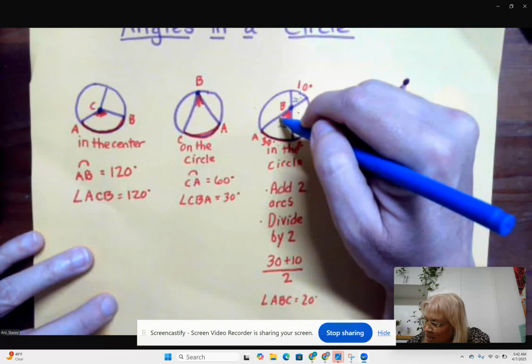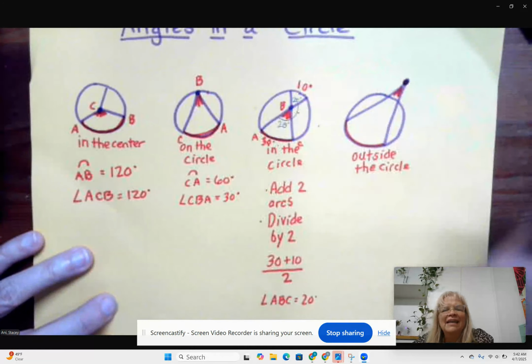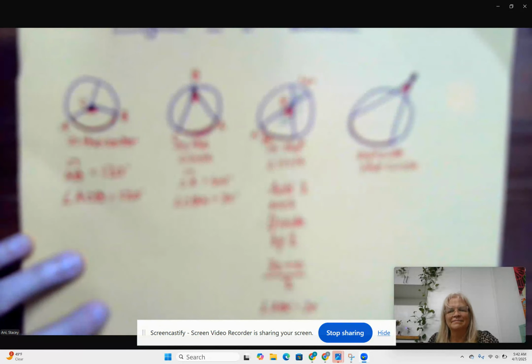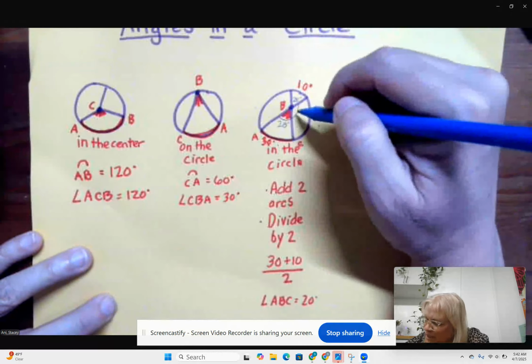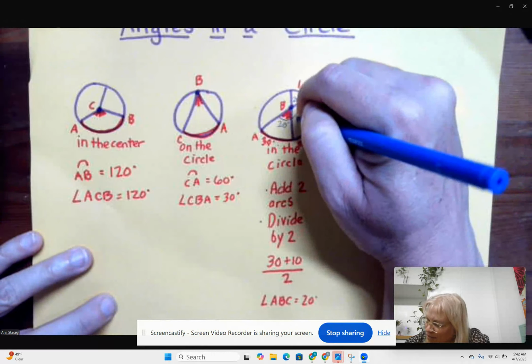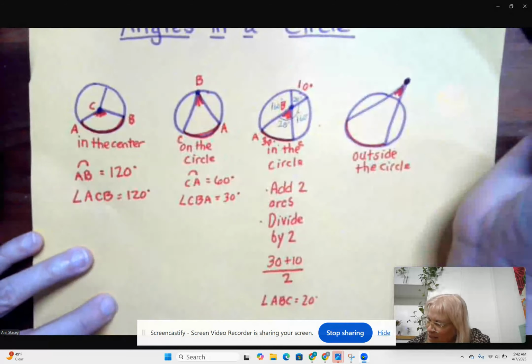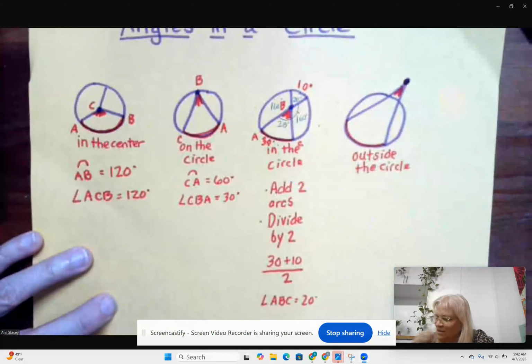And then do you notice that these are supplementary angles? These are 180. So if we do 20 plus what would equal 180, we know that this angle is 160, and the same over here. This one would be 160. So that's how you would find all of those angles in there, okay?